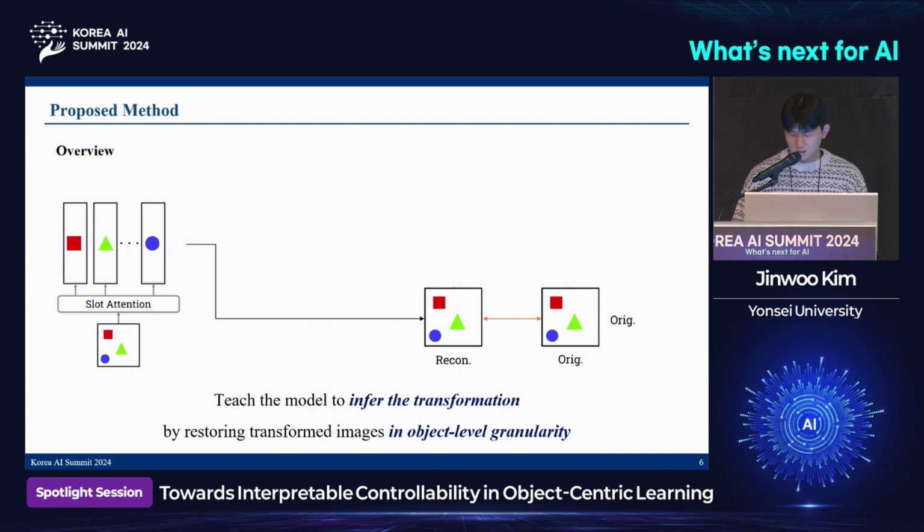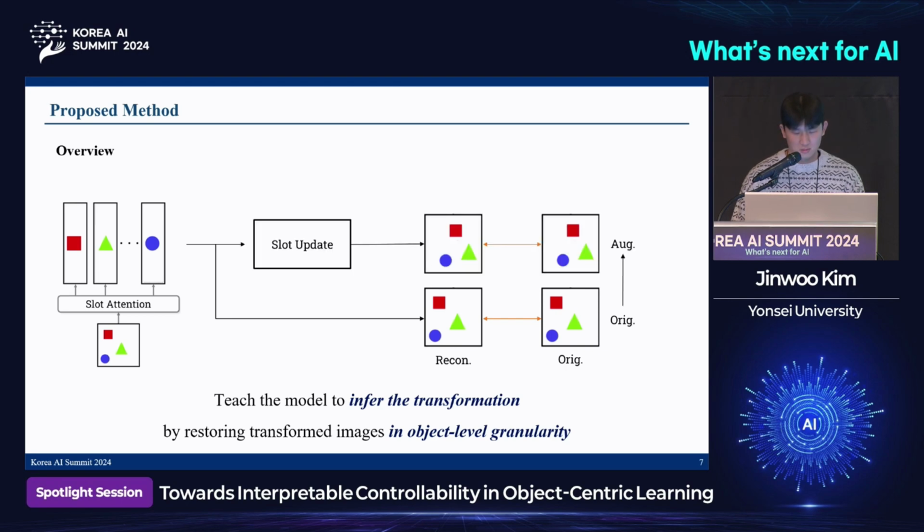Our approach is based on the basic structure of slot attention. On the slot attention's auto-encoding structure, we add a new branch which can update the slot so that the model can learn how to update and manipulate the object representation.